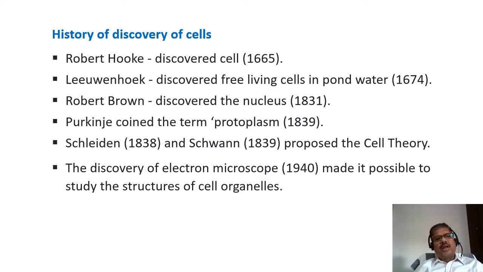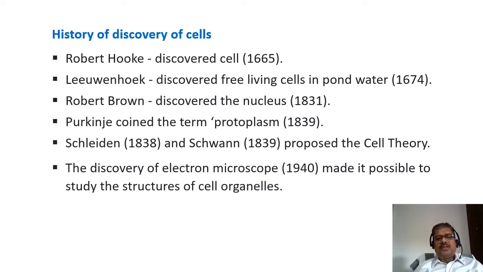Now, some of the historical milestones with respect to the cells. It was Robert Hooke who first discovered the cell in 1665. Then, in 1674, Leeuwenhoek was the first to discover free living cells in pond water. Later, Robert Brown discovered the nucleus in 1831.